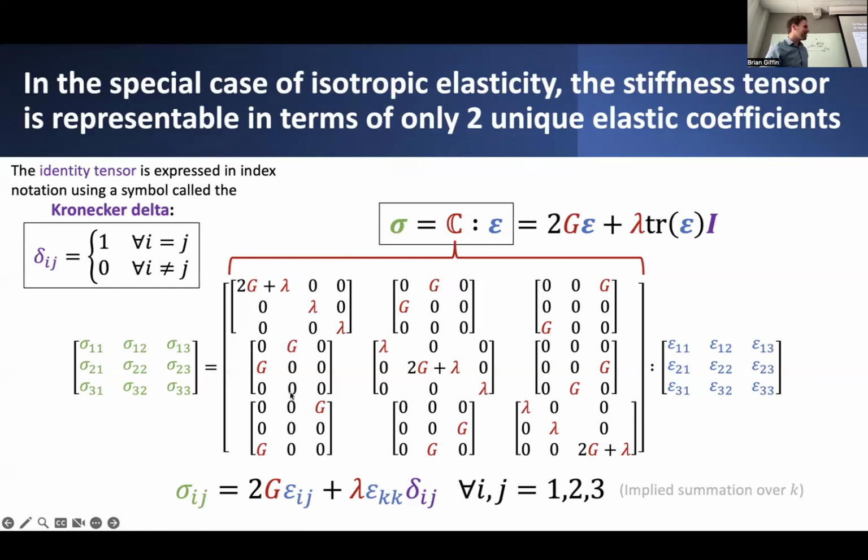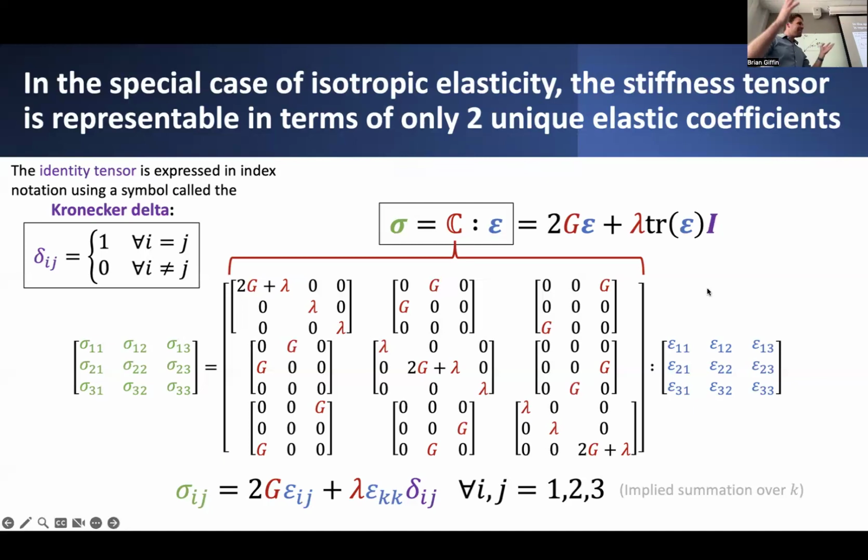So if you were to swap this sub-entry with this sub-entry, those two tensors are actually equal to one another. These are referred to as the minor symmetries of the elastic stiffness tensor, which basically implies that if you were to swap those different components, or flip the representation of these individual entries, you would get basically the same thing. So it's an interesting property of the elastic stiffness tensor.